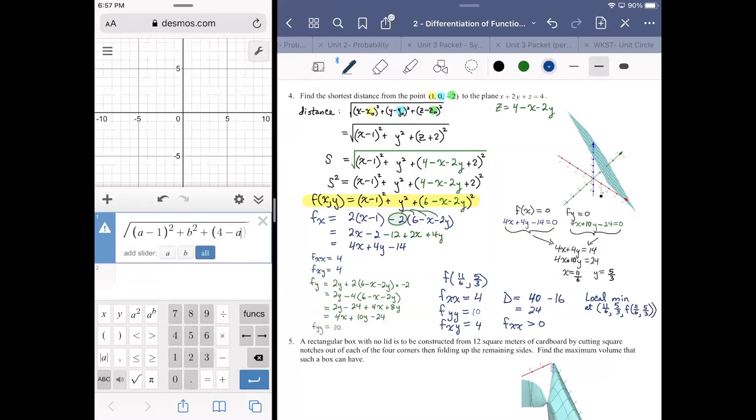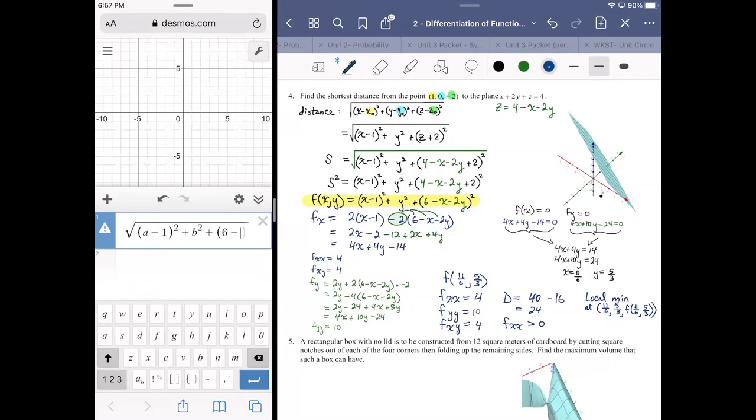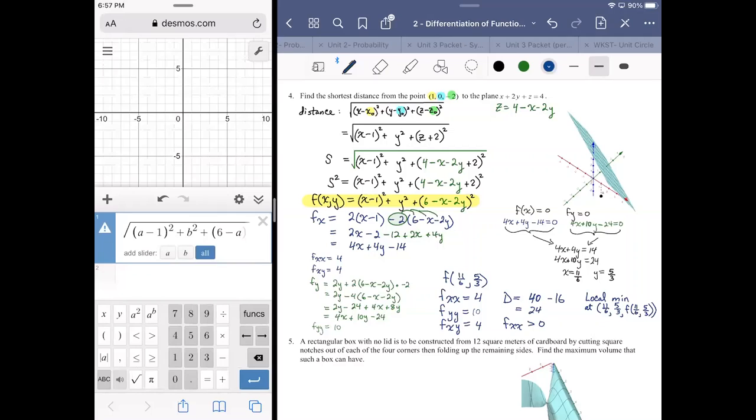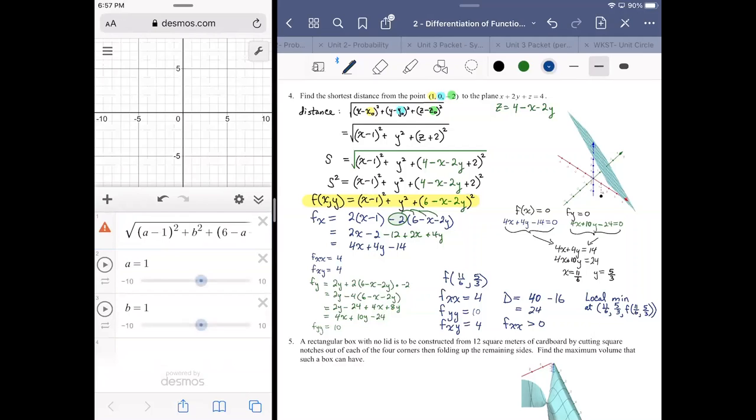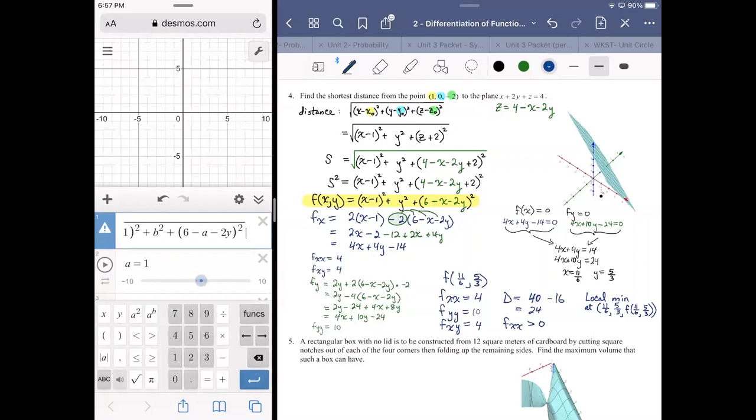a minus 2y. Well, actually, I can go back to a 6 there. Minus. And then I'll select all for my sliders. And I got to define it, S equals.